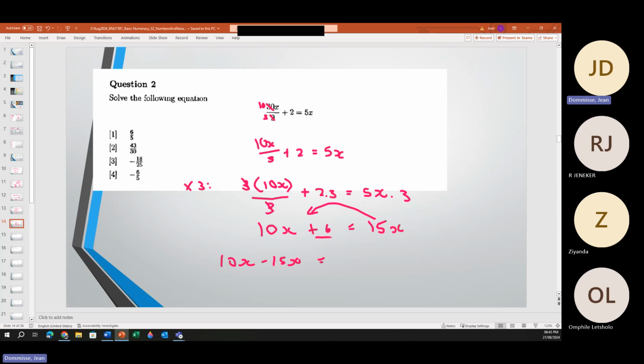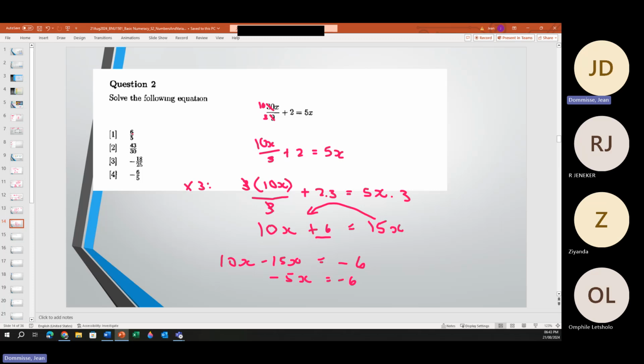So positive 6, if I take it to the right-hand side, will become negative 6. Still does not look like anything close to that. 10x minus 15x is minus 5x. And that is equal now to minus 6.